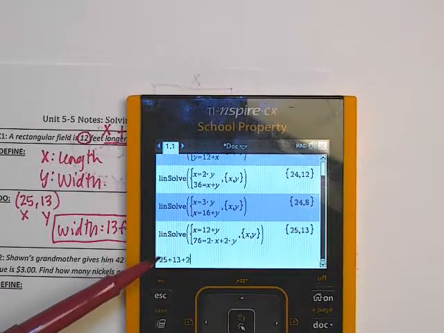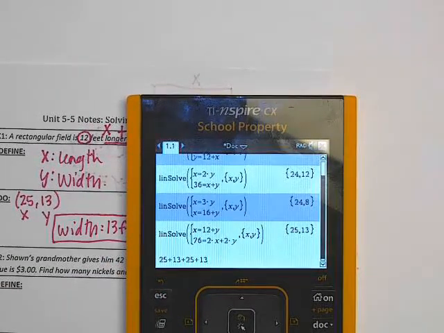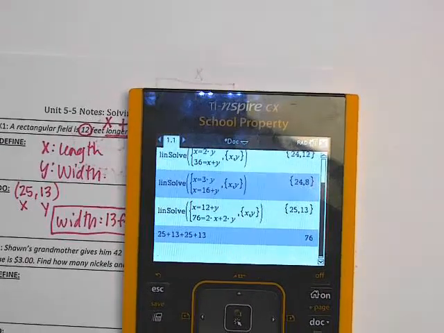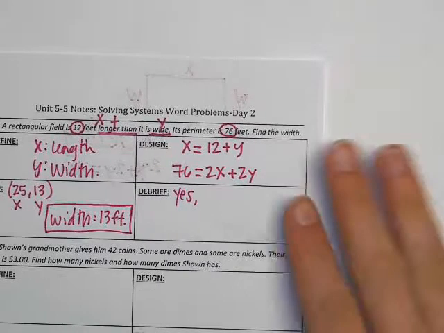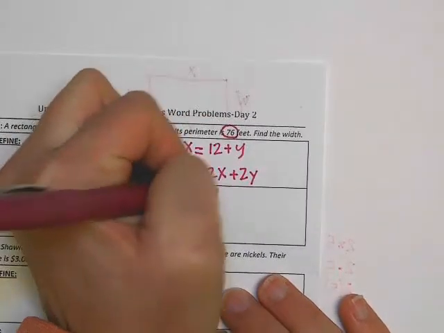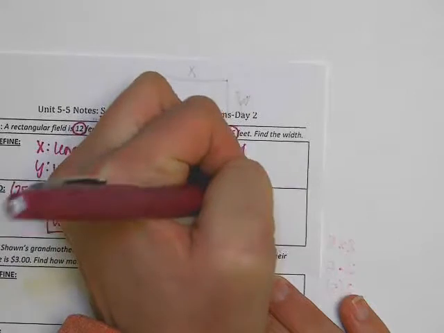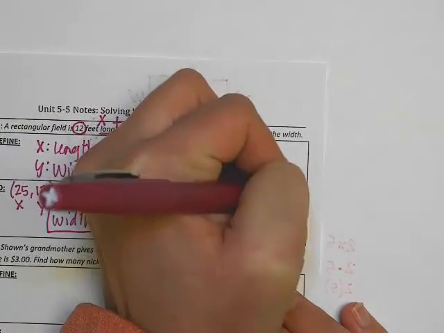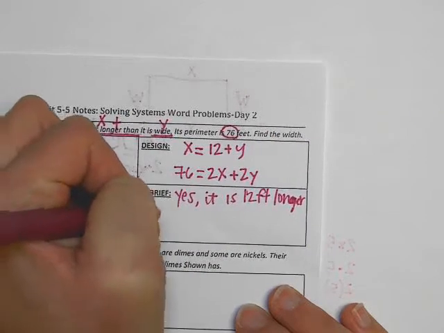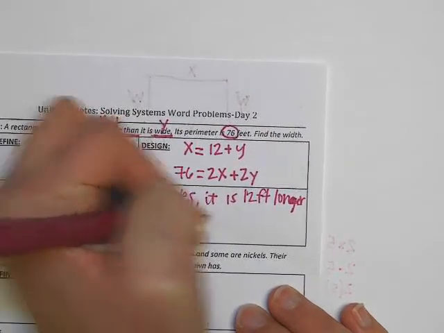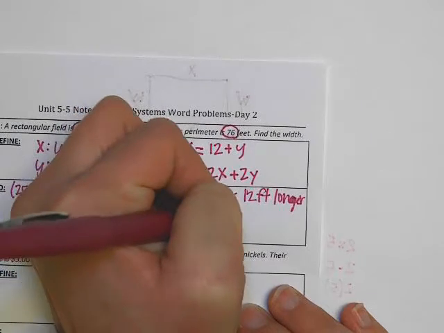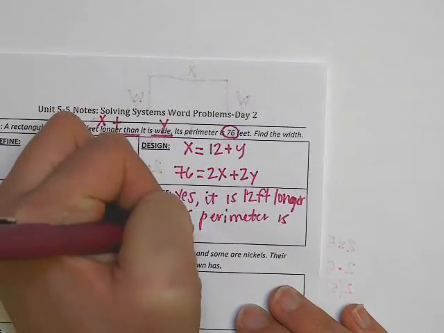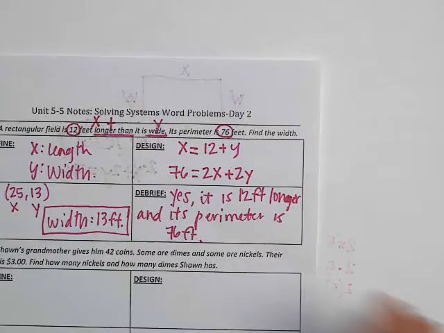So I have to do it again. And I get 76. So is this reasonable? Yes, it is 12 feet longer, and its perimeter is 76. So everybody should have that down.